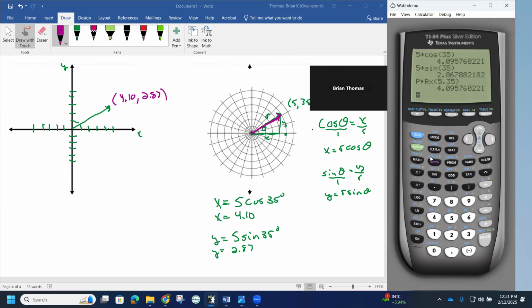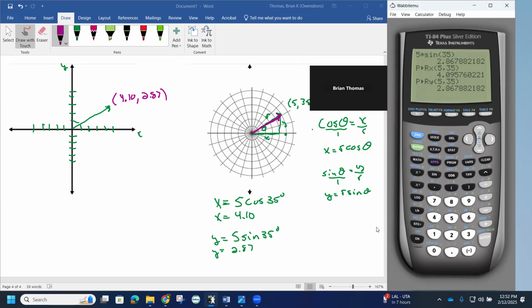If I go back to the angle menu and choose number 8, that'll find the y coordinate. If I put in the polar coordinates, the 5, the comma, the 35 degrees, it'll do the formula for us and give us this 2.86 or 2.87. That gives us our x and y values in rectangular coordinates.